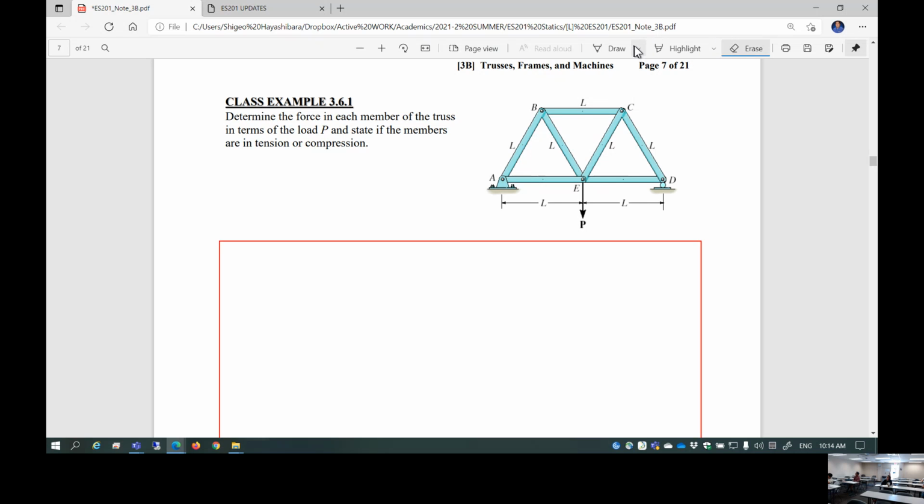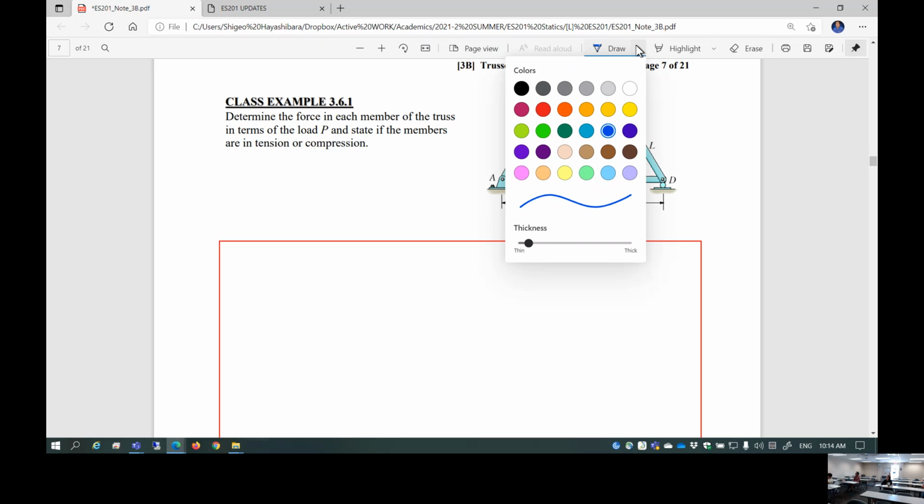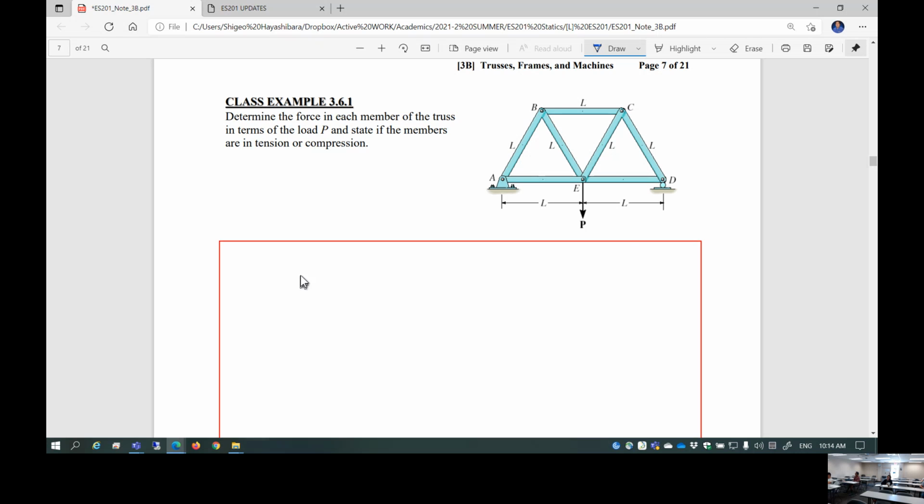So first of all, let's do the entire truss. I'm going to quickly sketch the free body diagram of the entire truss.